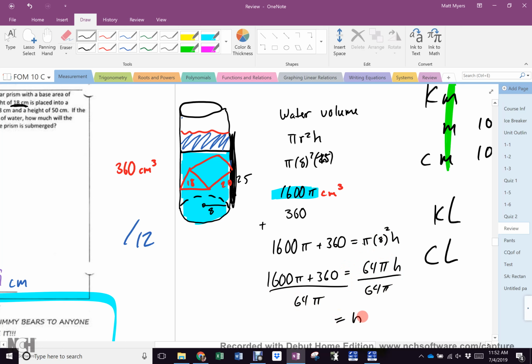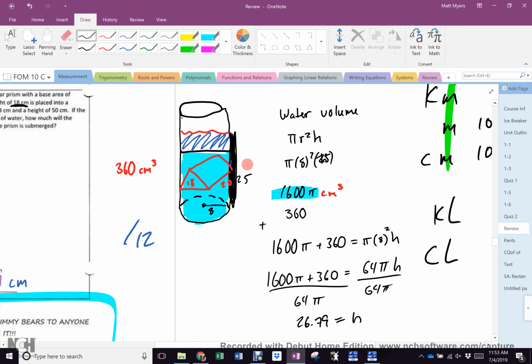So I go to my calculator. And I get 26.79 is my height. Right?